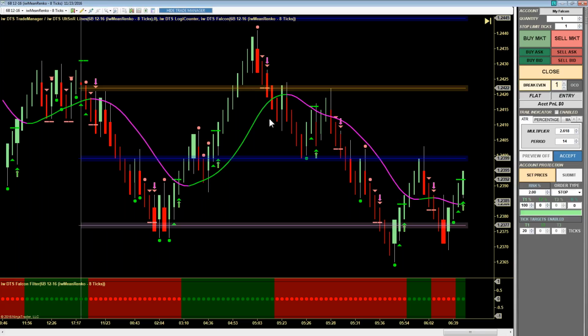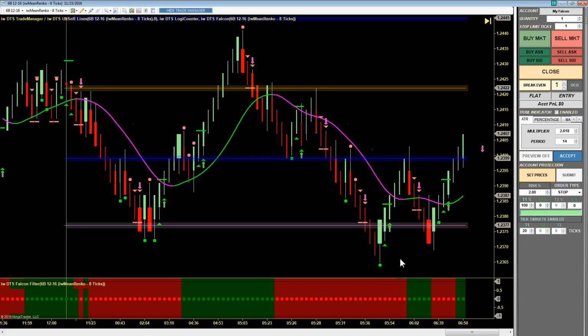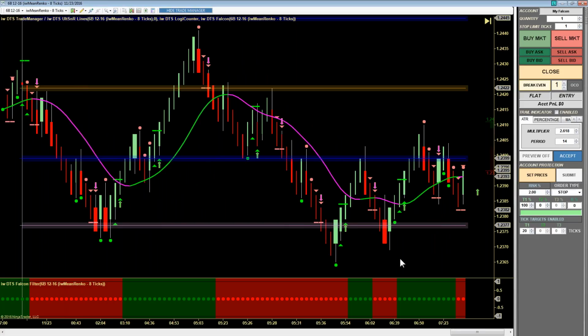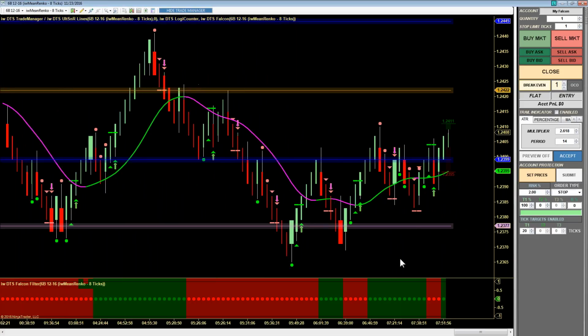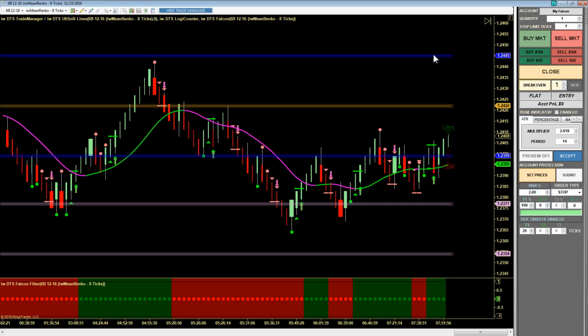No luck. Came back down, bounced underneath, produced a sell signal. Raced down to the primary support. Tried to get below there, no luck. Yeah, now we've printed a buy signal. So it's probably going to go back here to the median line. Whether it can get through and get back to the primary resistance, that would be interesting.